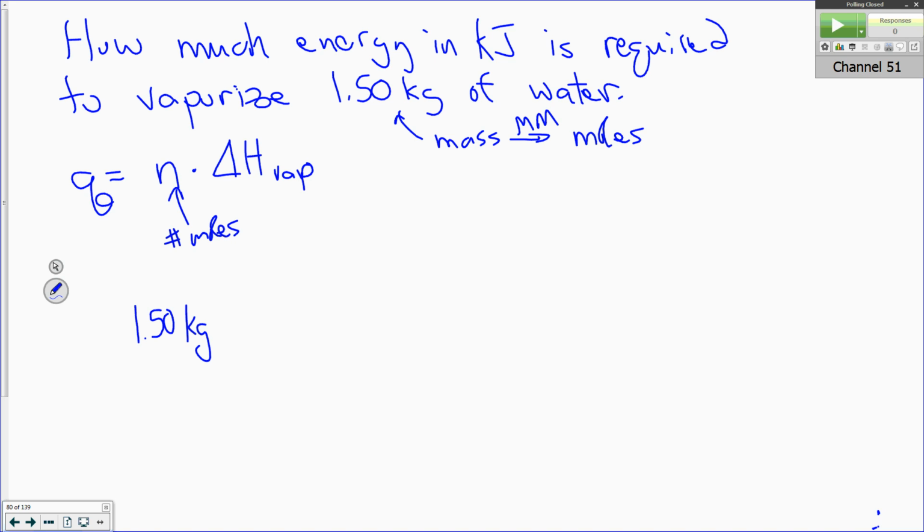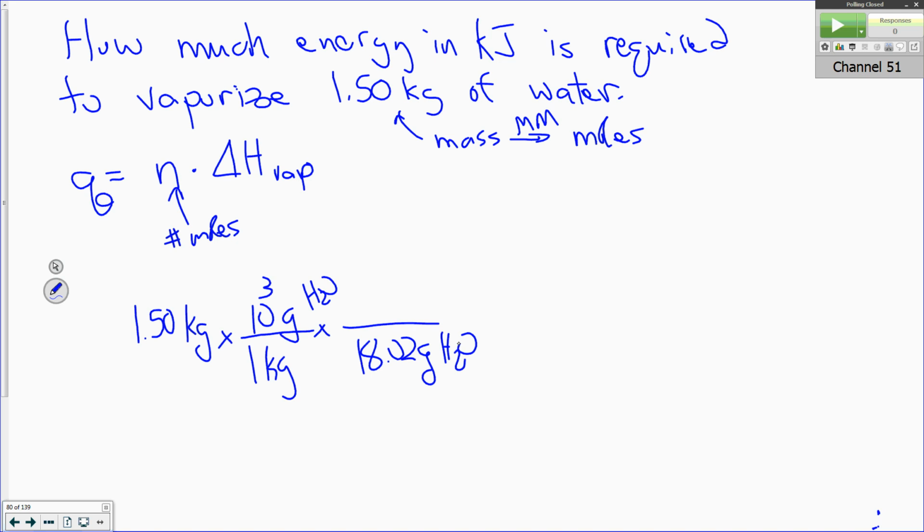The first thing we need to do is convert that from kilograms to grams. So 1 kilogram is 10 to the third grams. Now we've got the mass of water in grams. If we look up the molar mass of water or calculate it out, it's 18.02 grams of water per 1 mole of water.